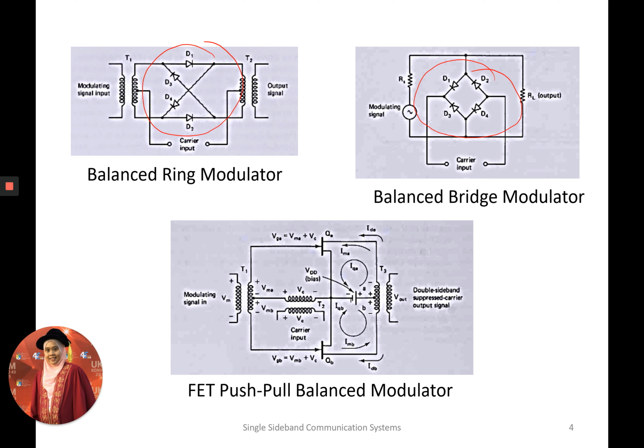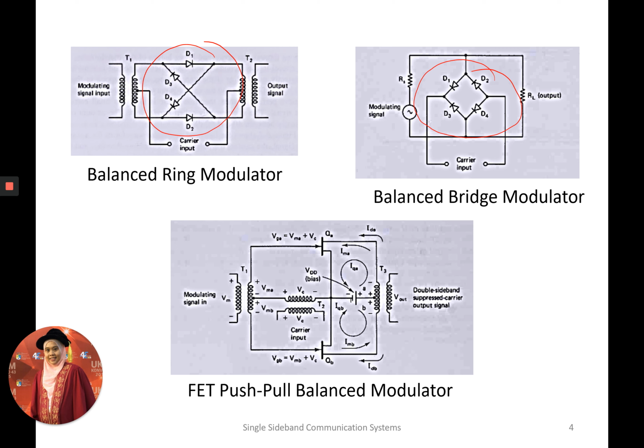Okay, and the FET, push-pull balance modulator actually uses FET, field effect transistors, rather than the diodes which are in the ring and bridge modulators. So this FET push-pull balance modulator produces only the sidebands at its output, and it can suppress the carrier signal in the SSB signal.